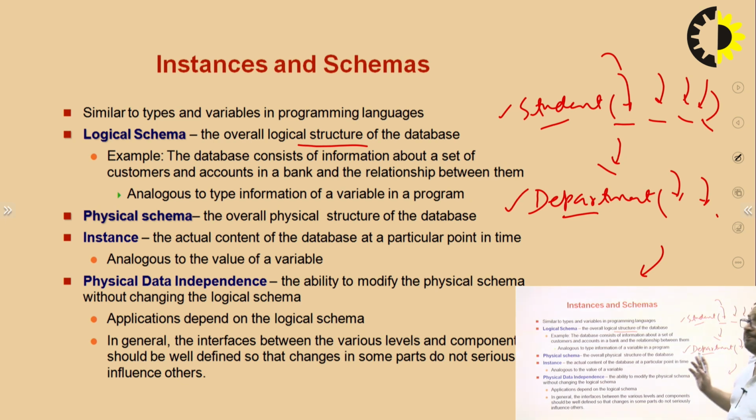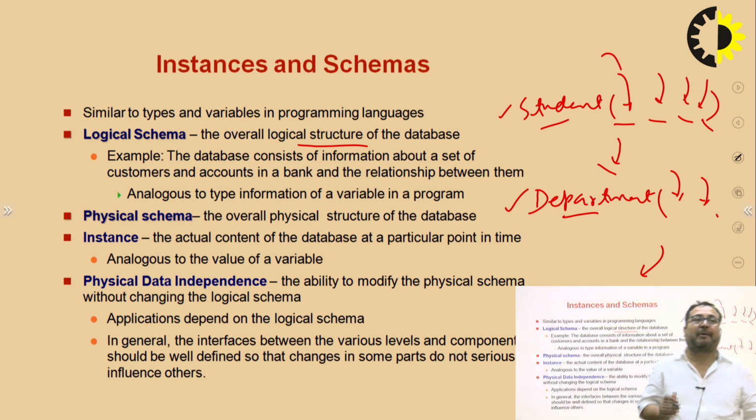Suppose student has student roll number, student name, student ID, and department ID. Student and department will be related if there is some common attribute. Here we can find it in department ID: a student belongs to a department, like the CS department or the IT department.